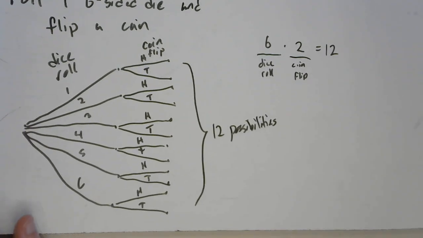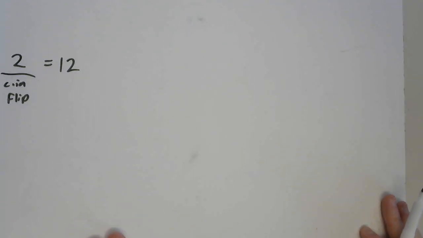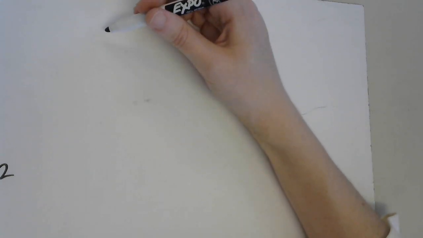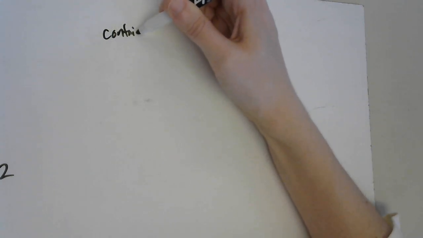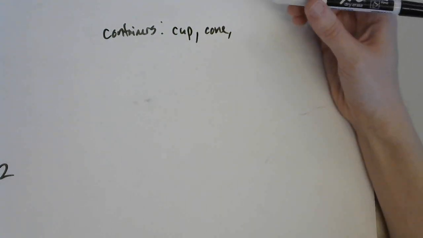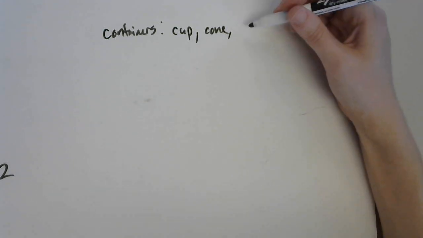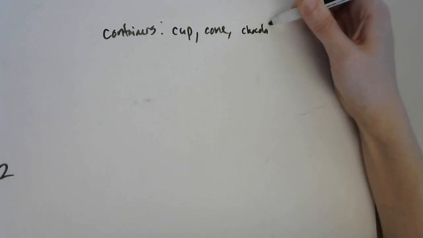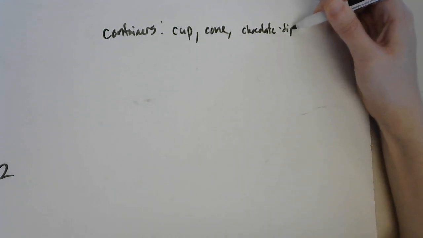So, as another example, we've got an ice cream parlor, so we've got a choice of cones or containers. They offer maybe cup, cone, or one of those fancy chocolate dipped waffle cones.